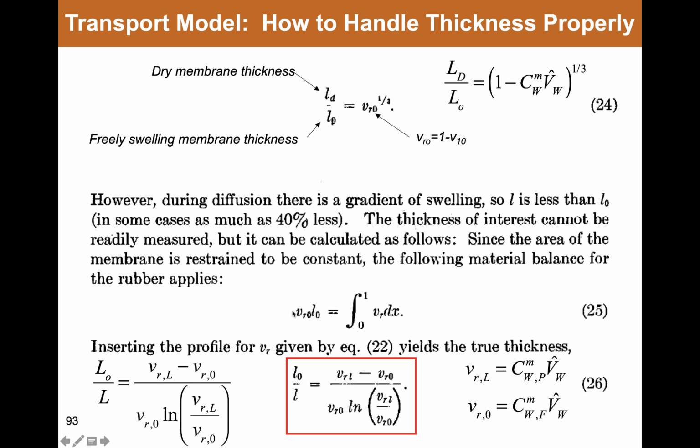Now, in Paul's experiment, the membranes were measured in permeation cells where the membrane is constrained to have a fixed area.